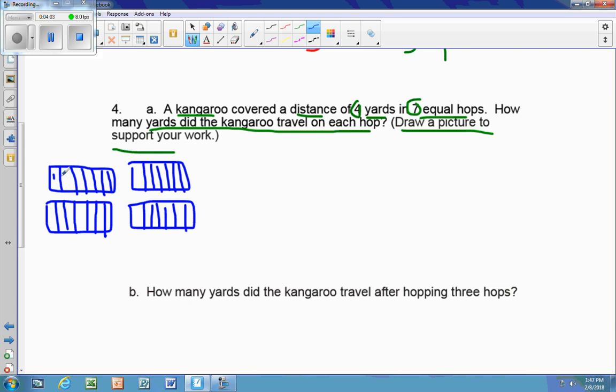And in each of them, I'm going to label them with their numbers. And with the Smart Pen, that's a little hard to do. So I'm going to just do it for one, but you should do it for every single one.